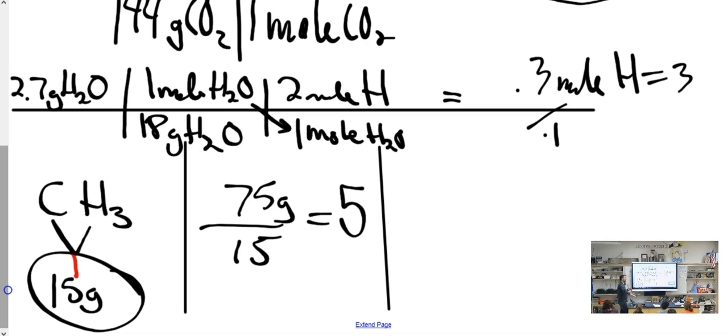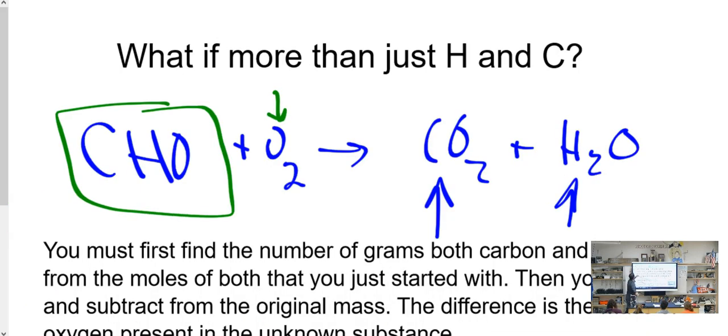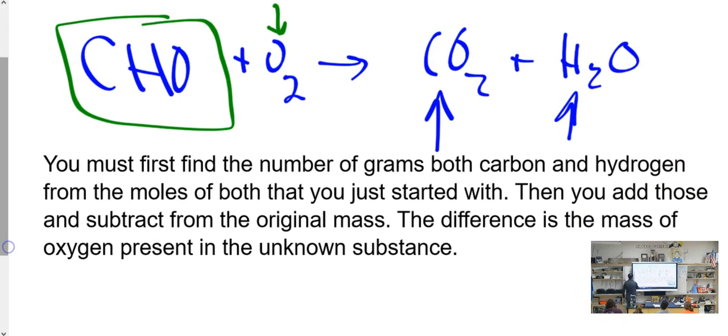Because if there is oxygen, we have to find the grams of C, grams of H, grams of O. So it's more complicated. So, sample of hydrocarbons. So this is just C's and H's again. All right, so what if there's more?